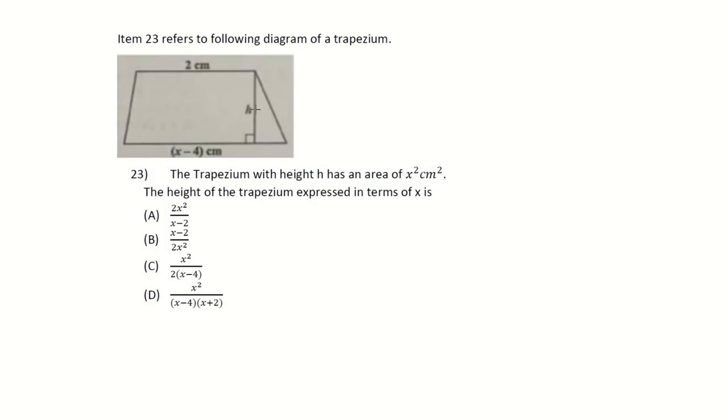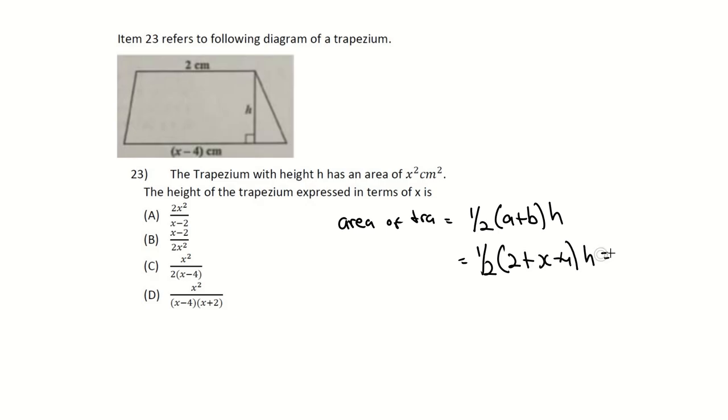Number 23 refers to the following trapezium. The trapezium has a height of h and an area of x squared. The height of the trapezium expressed in terms of x is: first off, let us see what we know. They're talking about the area of a trapezium, which is half (a plus b), the parallel sides, times the height. So half by (2 plus x minus 4) by the height is equal to x squared.